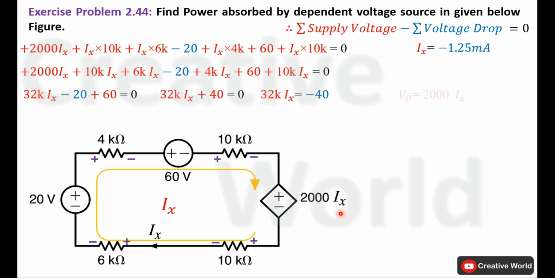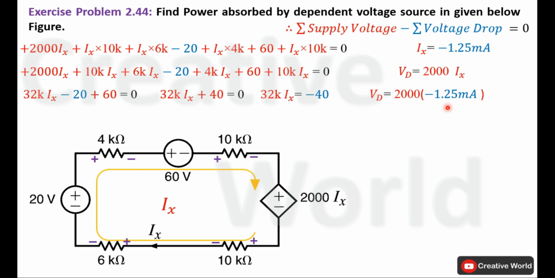The voltage across this dependent voltage source is 2000 times Ix. Place the value of Ix inside this equation. The voltage of dependent voltage source is equal to 2000 into minus 1.25 milliampere.